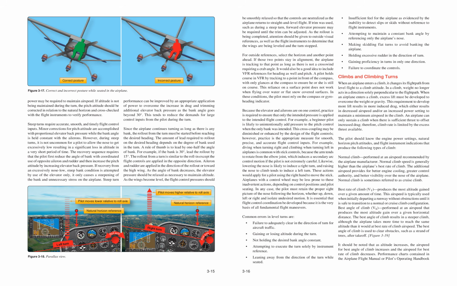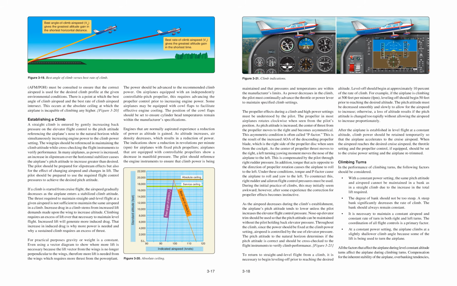Performance charts contained in the Airplane Flight Manual or Pilot's Operating Handbook. Best angle of climb airspeed, VX, gives the greatest altitude gain in the shortest horizontal distance. Best rate of climb airspeed, VY, gives the greatest altitude gain in the shortest time. Figure 319.